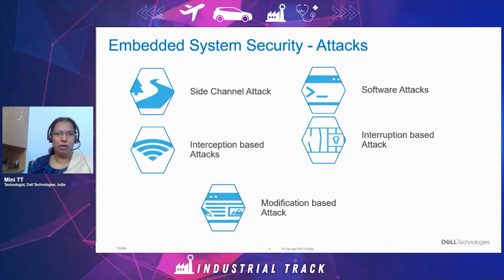Or it could be interruptions, such as denial of service attacks on the communication, or even on the performance of the device itself. Or maybe resource exhaustion. All those kinds of issues can happen in the embedded system. Others could be tampering, data tampering and modification based attacks. These are attack scenarios, but they are more categories than specifics. I would recommend that you look up public resources to see more specifics of how these happen in these categories.